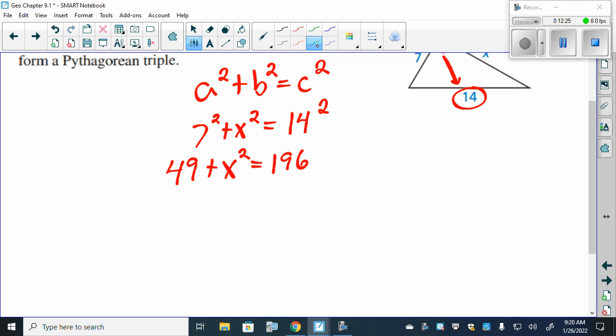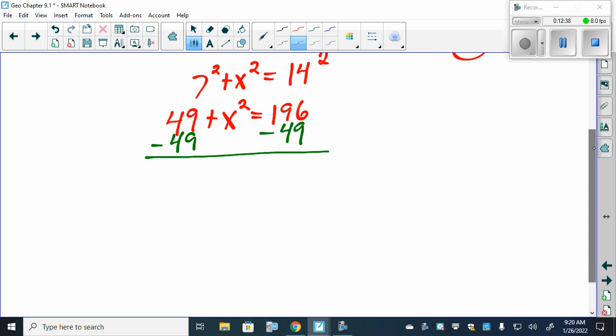Now what do we need to do next? We need to subtract 49 from 196 to get X squared by itself. And if we subtract 49 from both sides, these will cancel, leaving us with just X squared is equal to 147.